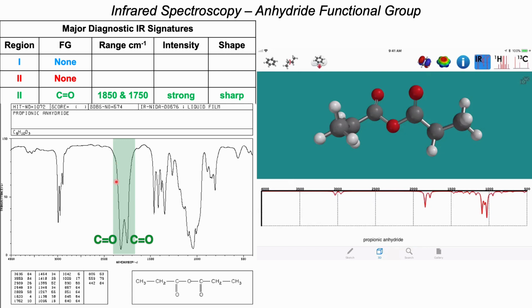And in region 3, we see this doublet-looking structure of the two carbonyls. One of them is going to be a symmetric stretching, and the other one will be an asymmetric stretching where the groups are out of phase. So let's look at that simulation.